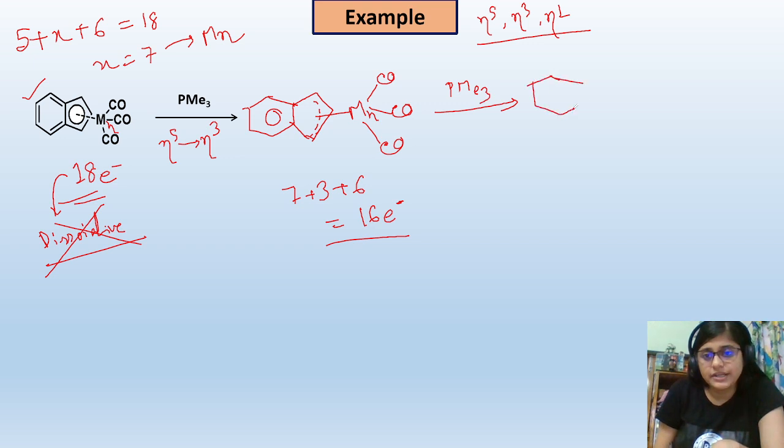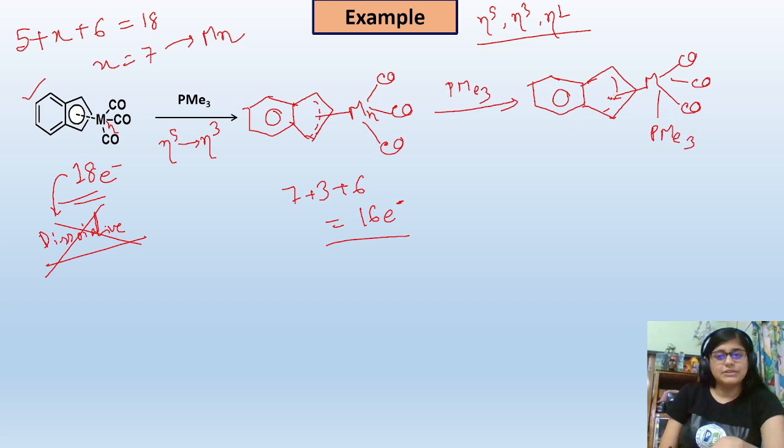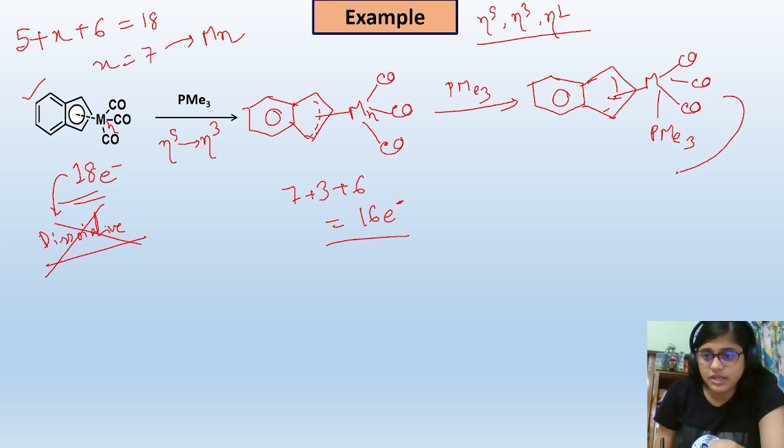Actually, we can show it in one step only, but for your understanding purpose only, I am writing it that way. Mn, CO, CO and CO, PMe3. Okay. So associative mechanism: first association and then dissociation of CO, right? So after dissociation, CO, CO, PMe3.